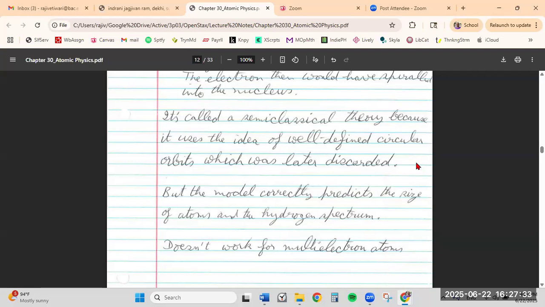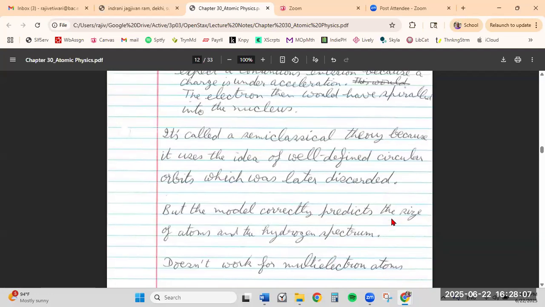It was found to be incorrect. Other than that drawback, the rest of the Bohr model correctly predicts the size of atoms, the energy of hydrogen, and the hydrogen spectrum.